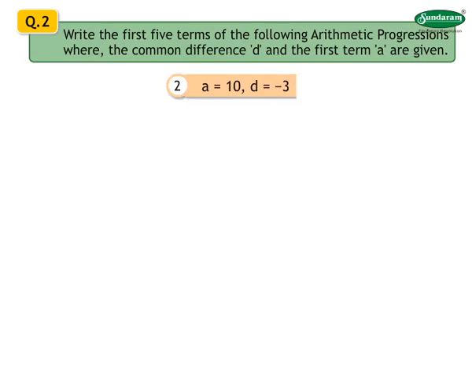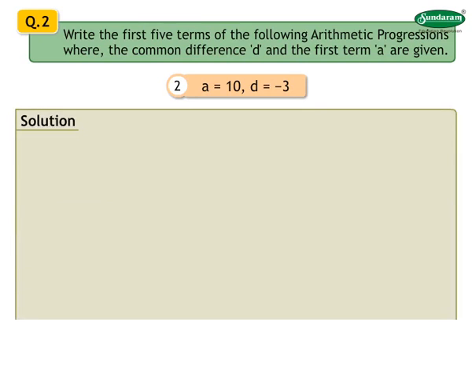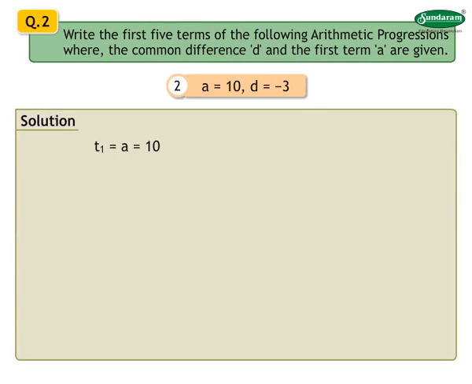Number 2. A is equal to 10, D is equal to minus 3. Solution. T1 is equal to A is equal to 10. T2 is equal to T1 plus D is equal to 10 minus 3 is equal to 7. T3 is equal to T2 plus D is equal to 7 minus 3 is equal to 4.